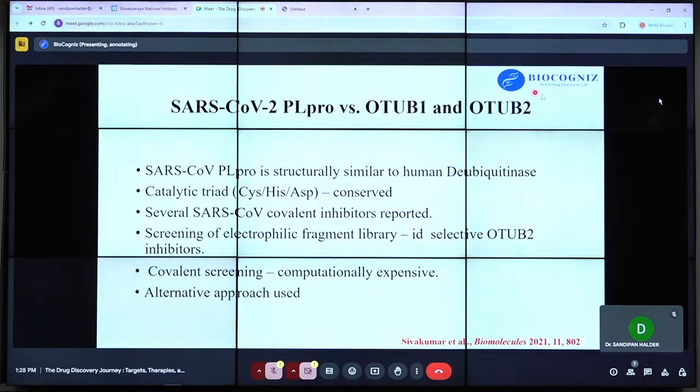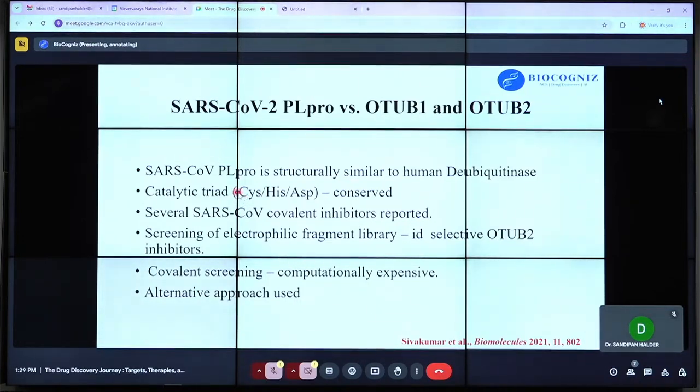We looked for OTB1 and OTB2 in the COVID protein also, and what we found is that there is a protease, the PL protein, present in SARS-CoV, which is also very similar to OTB1 and OTB2.